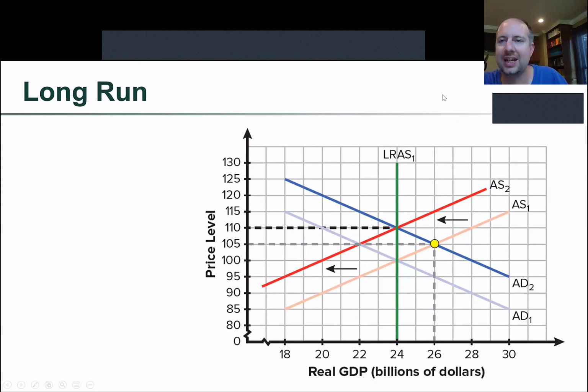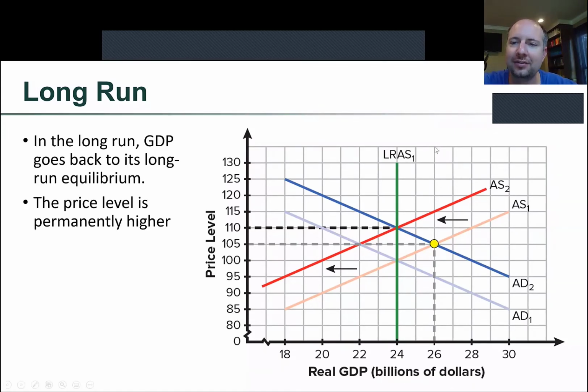The next thing that happens is that after some time, wages get a chance to adjust. And so now firms have these higher costs. And that means that aggregate supply is going to shift to the left.